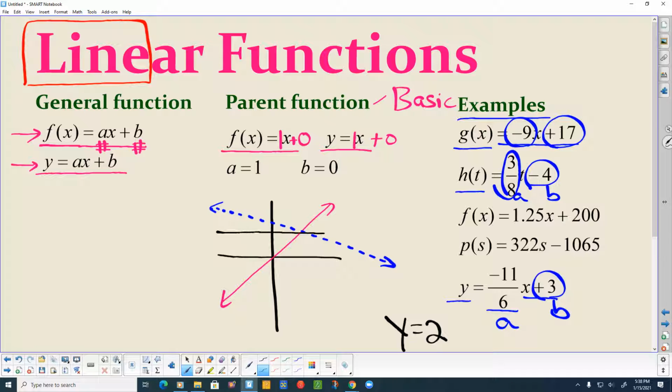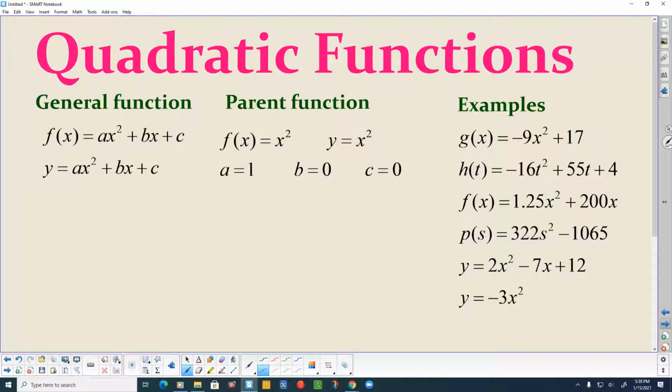That would be a straight line that's a constant function. This is the only one that has no x. So in this situation, it's y equals 2 plus 0x. The a is 0. The b is 2.